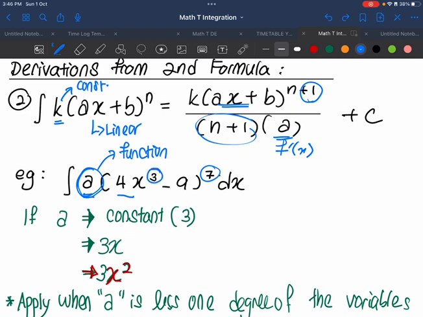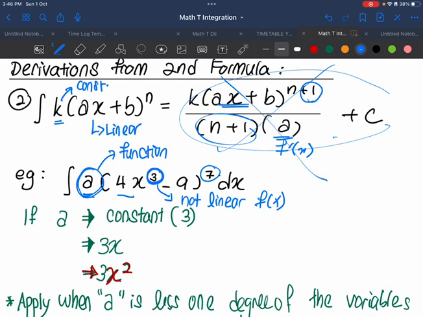We only look inside. If inside is not a linear function, this formula cannot be applied. Since this formula cannot be applied, how are we going to do it? If the outside a is a constant, say the number 3 or 5, anything, the only way you can solve is using substitution.